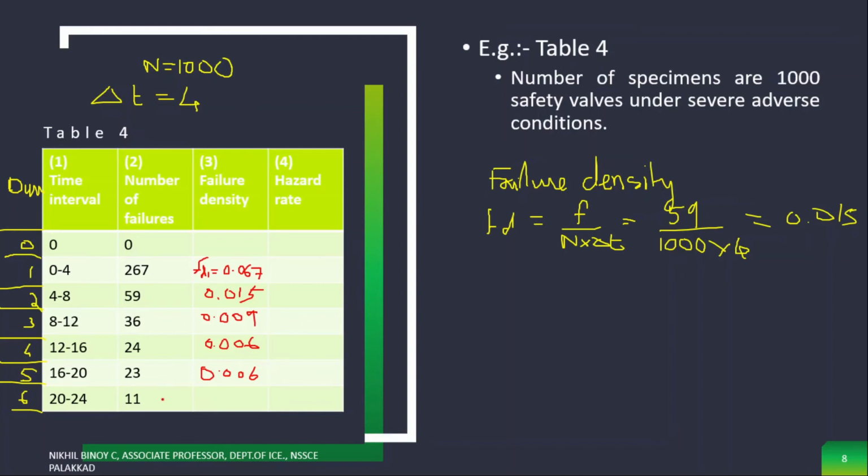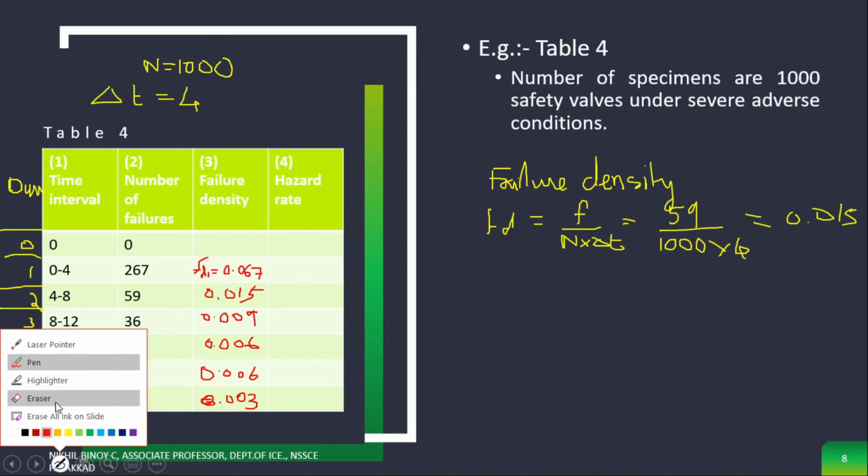So the failure density is 11 divided by 1000 into 4, that is 0.00275. Rounding to 3 significant digits, 0.003. So this is the failure density.